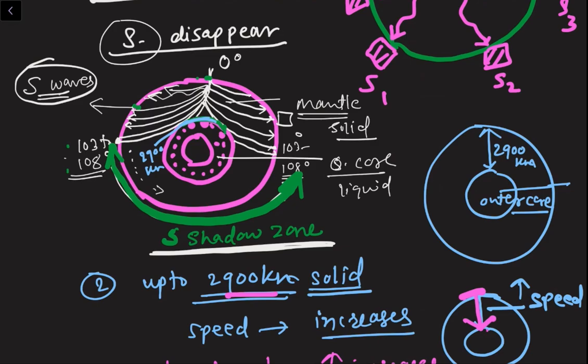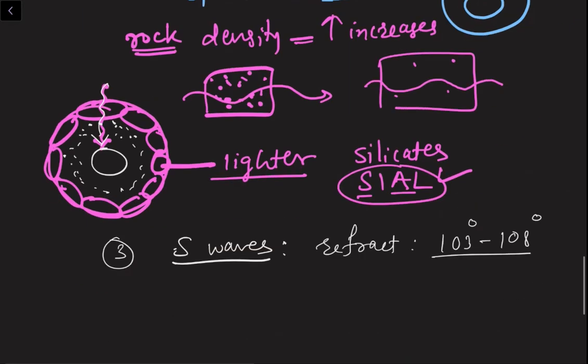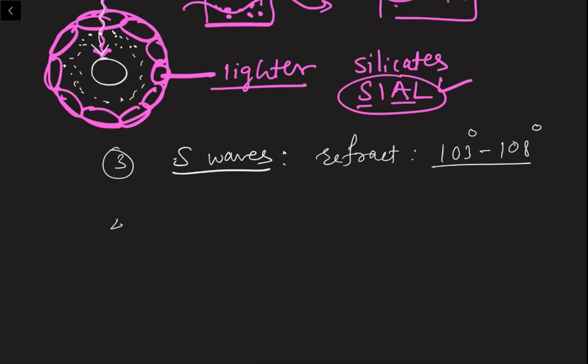Okay. Now the fourth observation is that there is one layer which we call the asthenosphere.